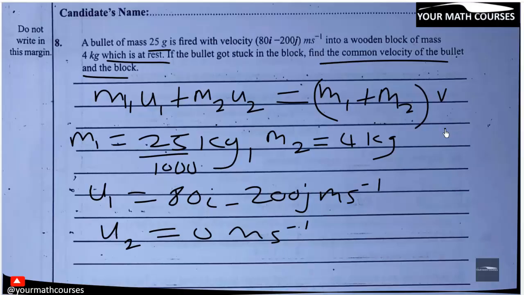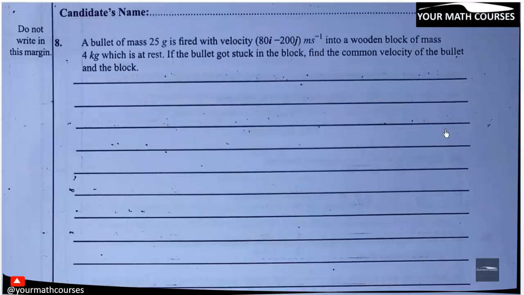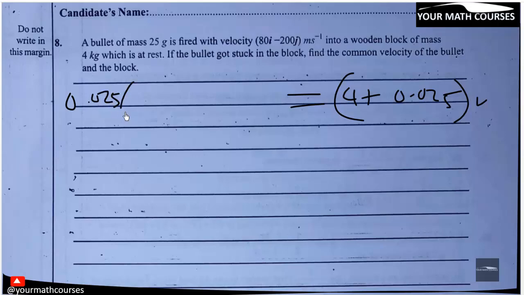So m1 plus m2 will be 4 plus 0.025, times v, is equal to m1, which is 0.025, times u1, 80i minus 200j, plus m2, 4 kg, times u2, 0.